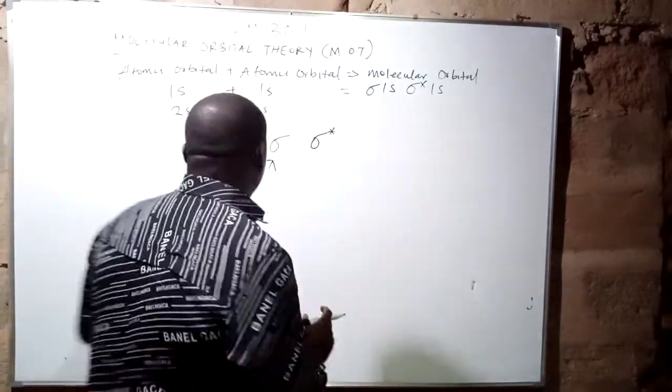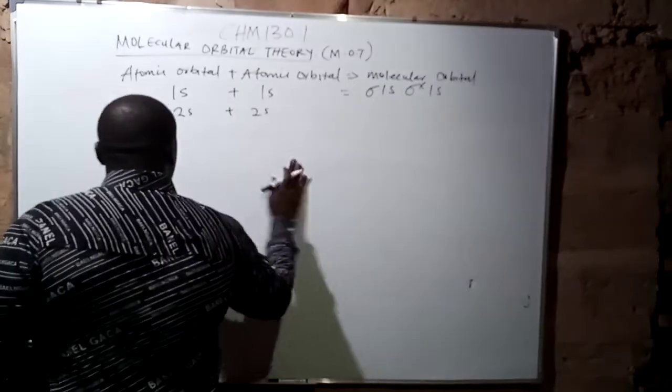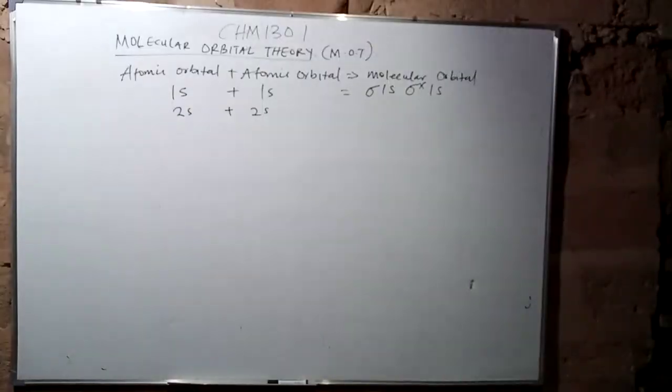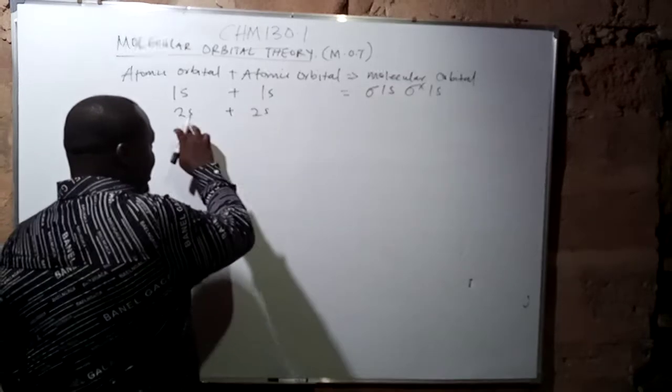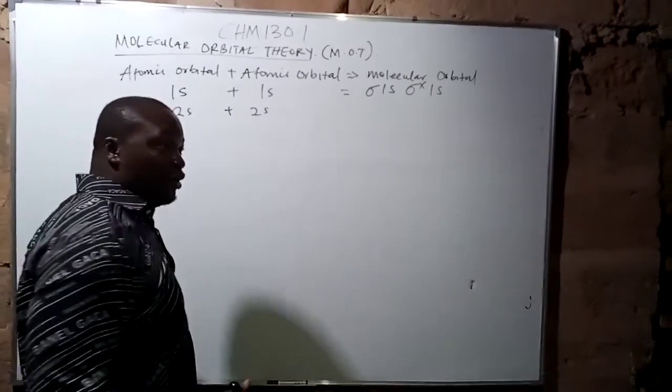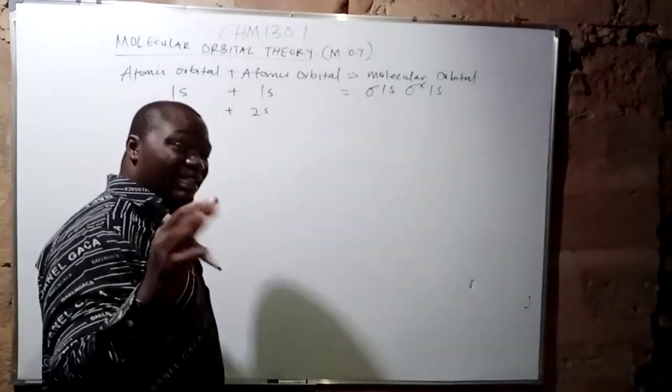Calm down. Let's do this again. So you have 2s and 2p. Just be noting what I'm doing. Before you know, you will catch everything. If I want to write the molecular orbital for this, remember, this is the s, and we say the s orbital forms the sigma bond.